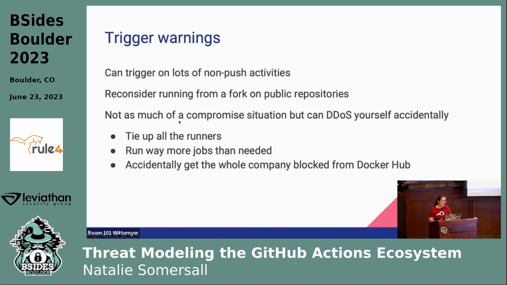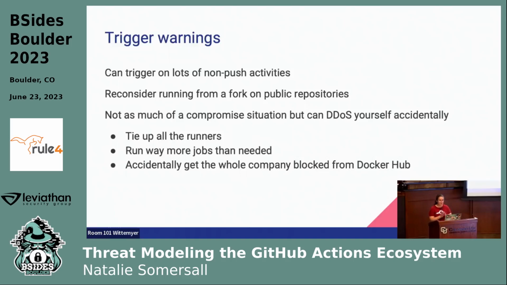And then, not so much of a compromise situation, but in my initial rollout of GitHub Actions at scale, I accidentally got the entire company's IP address blocked from Docker Hub. And that's a good 6-hour lockout. So try to think through concurrency.